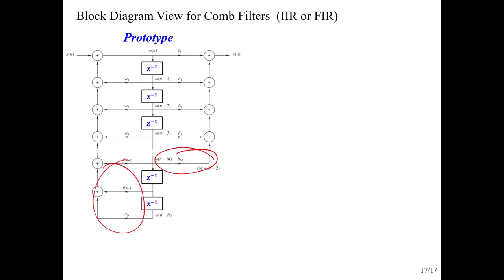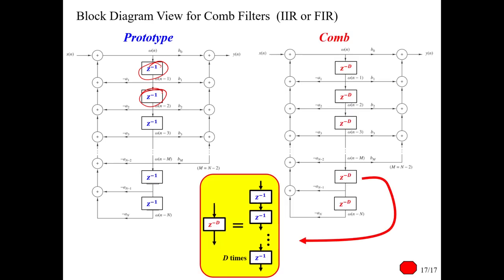That's typical. Remember, Z gets replaced by Z to the D. So this is going to become Z to the minus D. This is going to become Z to the minus D. So each one of these things just gets converted into a Z to the minus D. But remember, Z to the minus D is really just a cascade of D Z to the minus 1s.